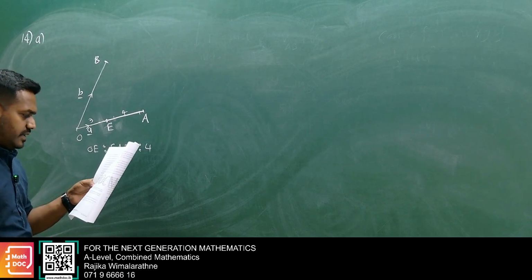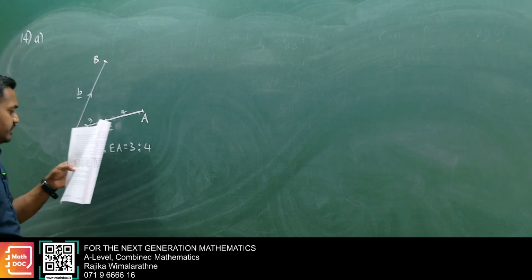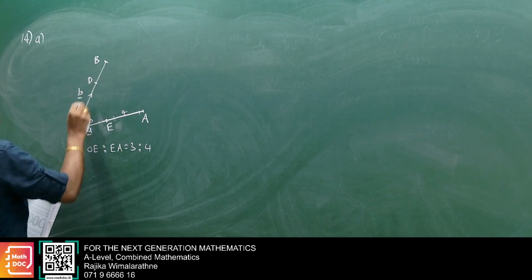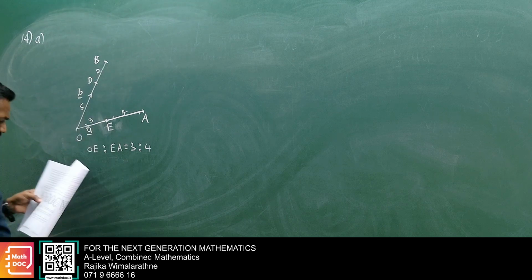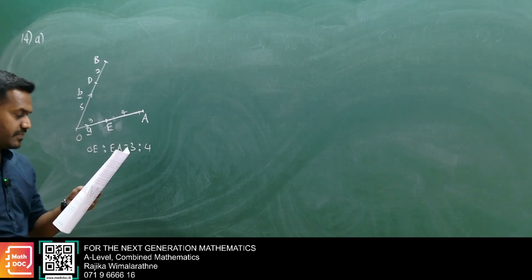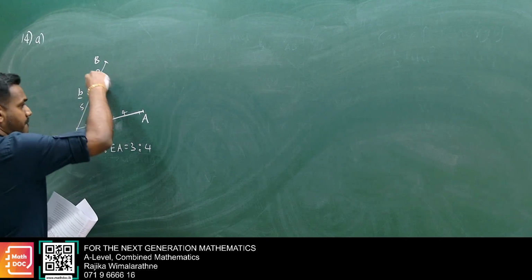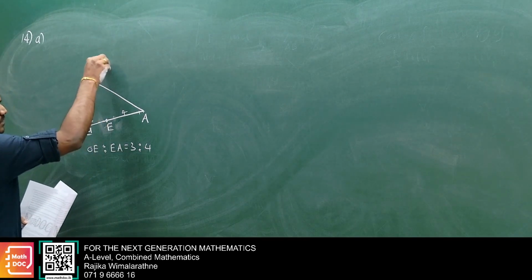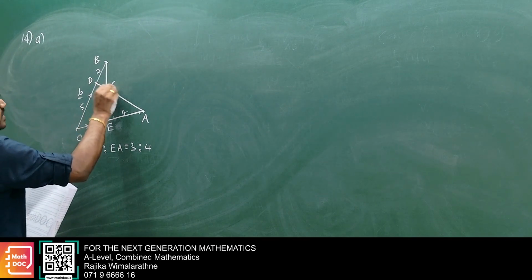Then D is on OB such that OD to DB is 5 to 2. G is the intersection point of AD and BE.